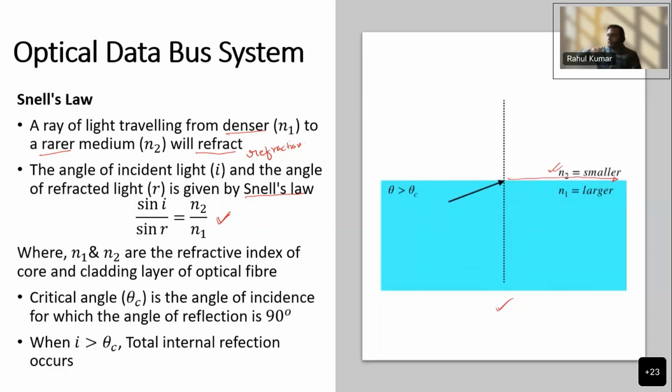So if we increase the angle of incidence, the ray of light will bend more, or the refracting angle will also increase. That particular value of angle of incidence is called your critical angle.